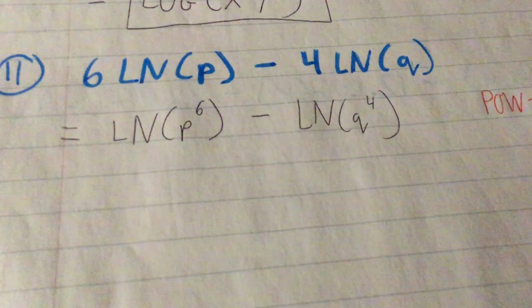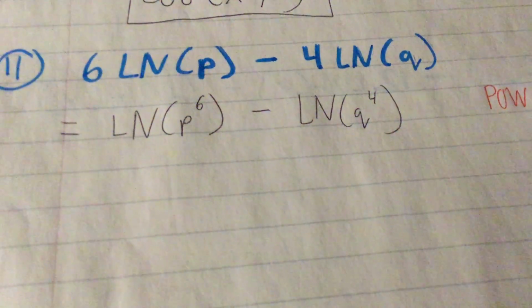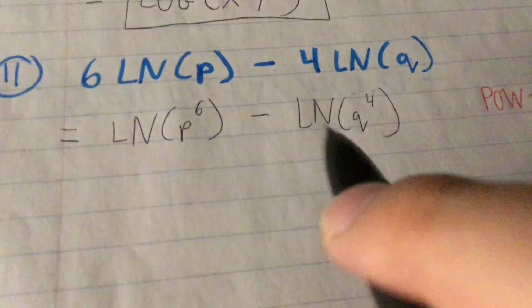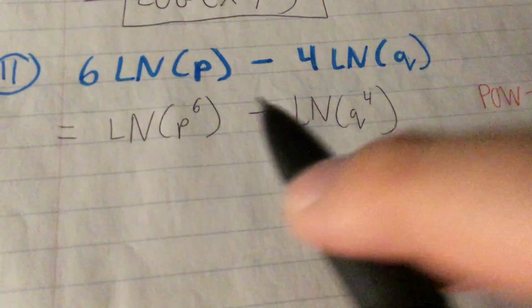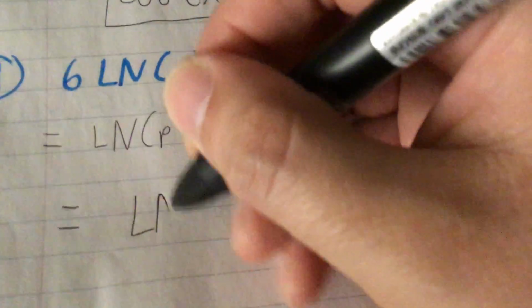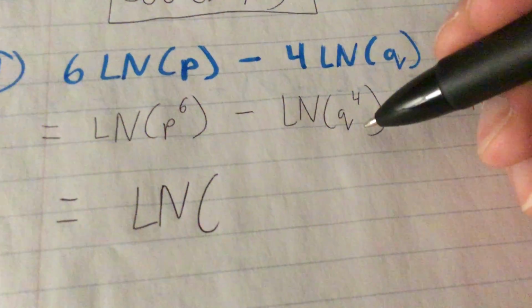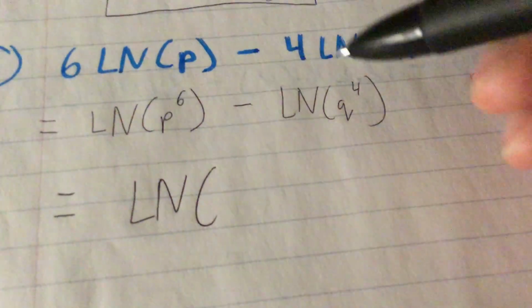Now, how do I get this to be one neat little logarithm? Well, if it's subtraction expanded, that means it's division inside. So I'm going to convert this into the natural log numerator minus denominator.